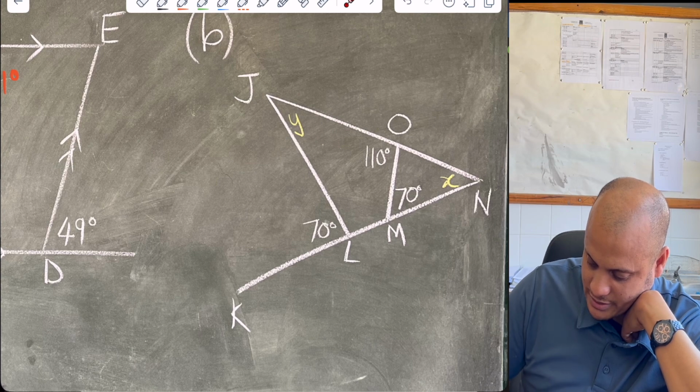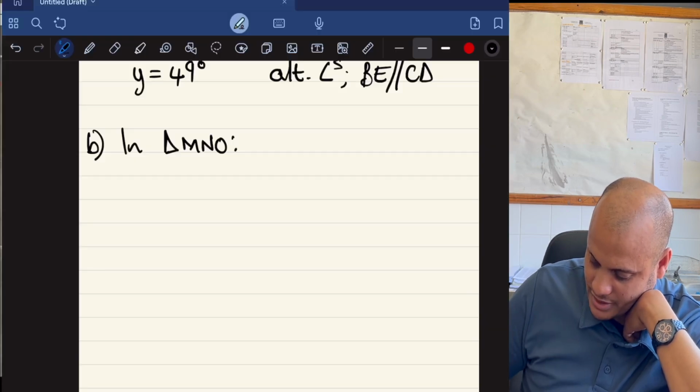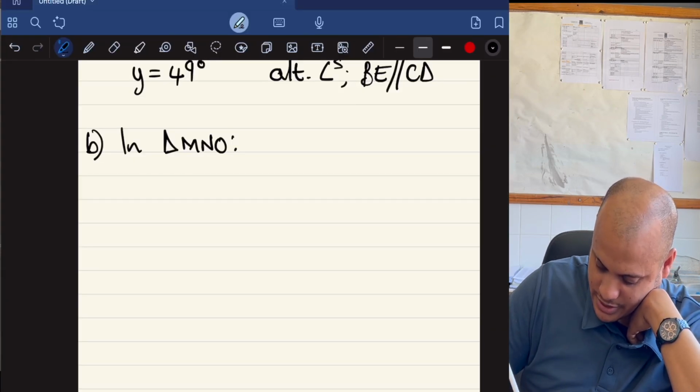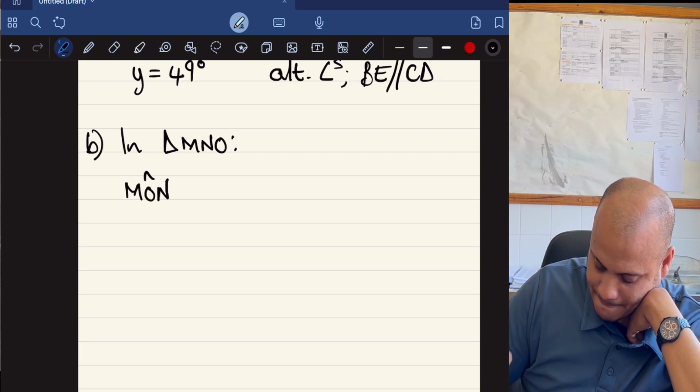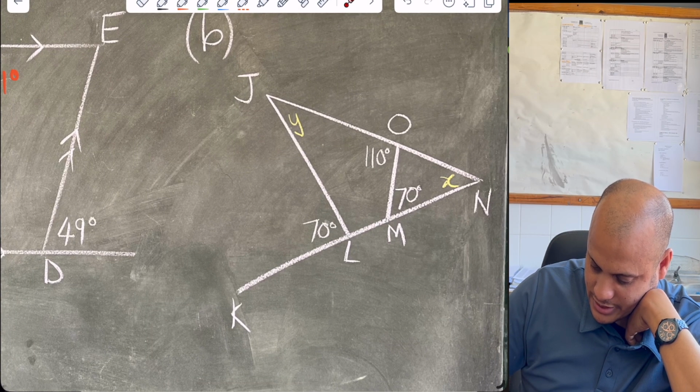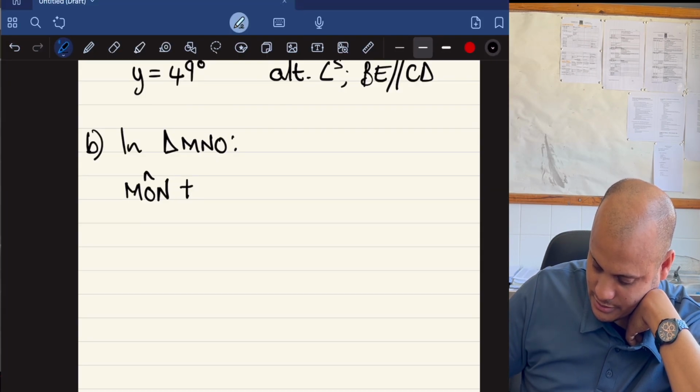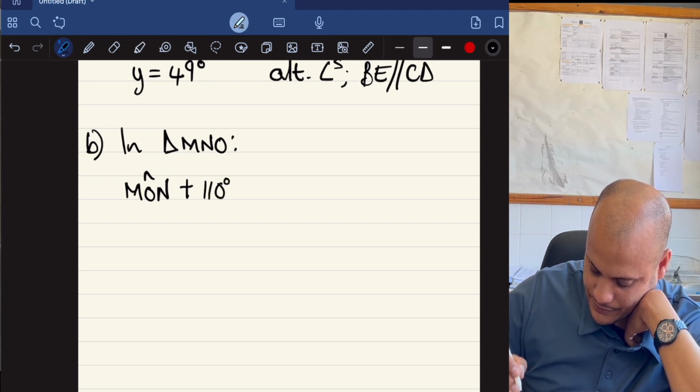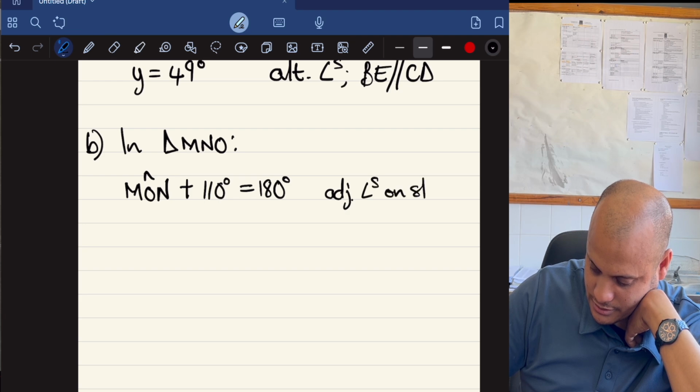We know that this angle MON plus 110 degrees is equal to 180 degrees, and the reason is adjacent angles on a straight line.